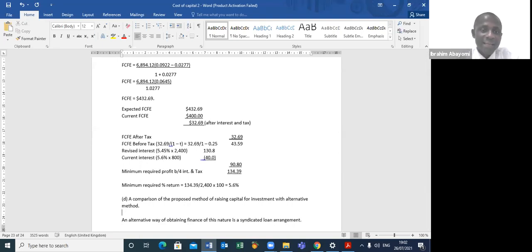The question says a comparison of the proposed method of raising capital for investment with alternative method. So the first thing you need to do is to explain the current proposed method of raising the finance, which is what? Through bond. You need to explain bond, the advantages and disadvantages of using bonds.